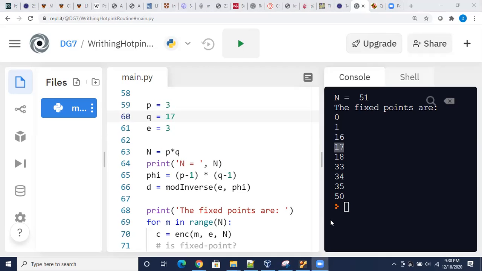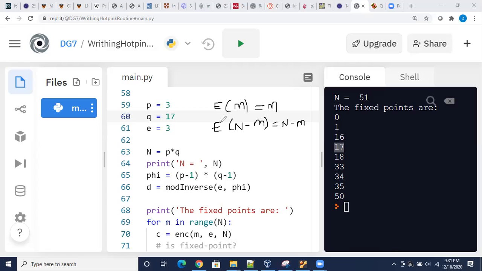So we can say that whenever m is a fixed point, if you apply RSA encryption to a message m and the ciphertext is m for some reason, you could conclude that when you encrypt n minus m, where N is the modulus, I'm using capital N for some reason so I'll stick to that, the result is also n minus m. This is the fixed point property.